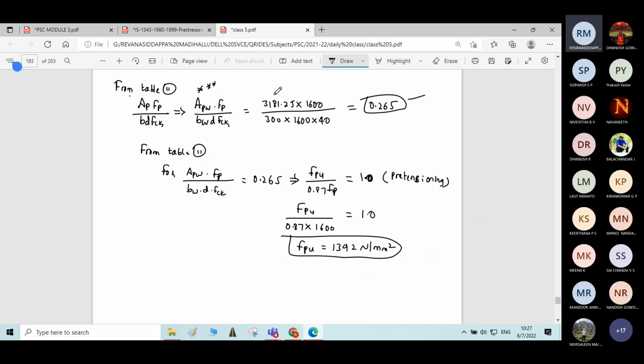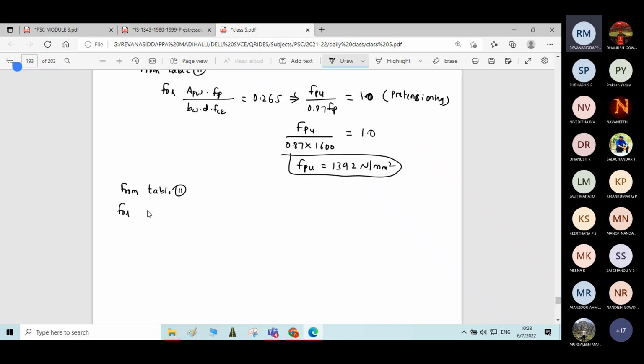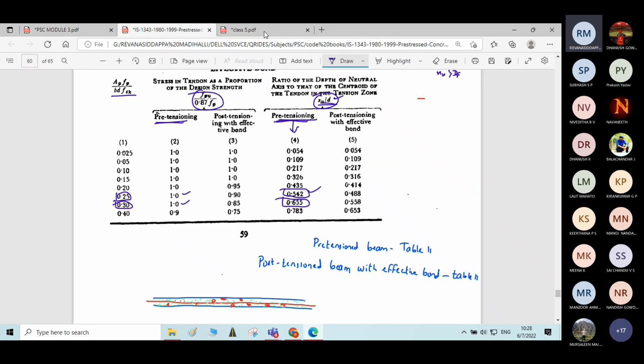Okay. Now, from table 11, for APW into FP divided by BW into D into FCK equal to 0.25, the corresponding XU by D value is 0.542.